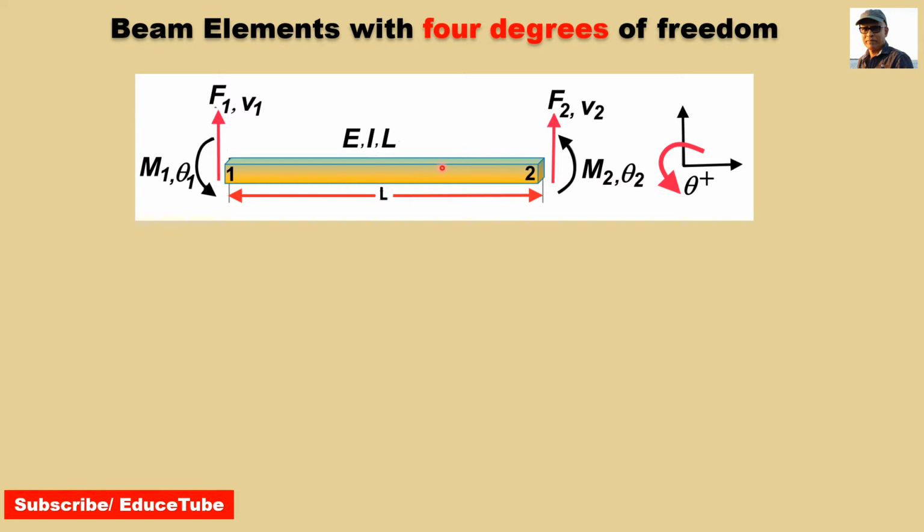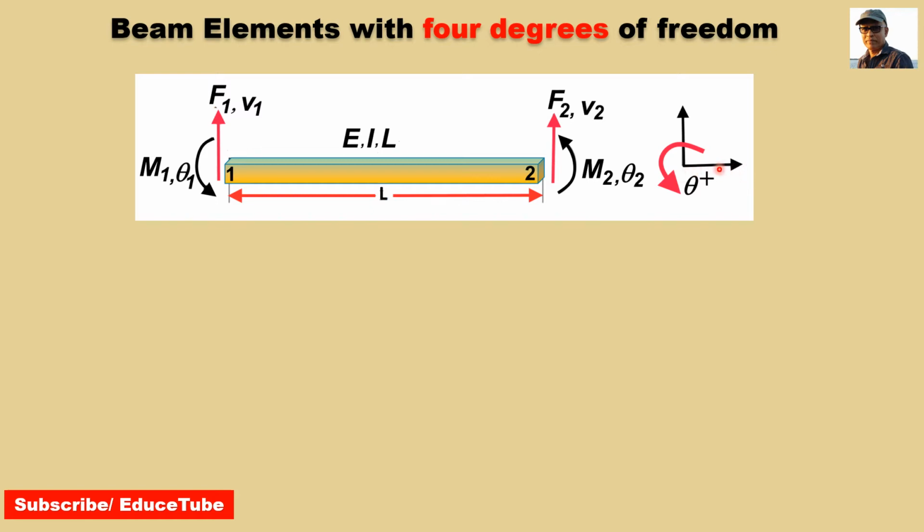So in this figure, we can see a beam, a uniform beam of flexural rigidity EI, and length L. And the x-axis, here I forgot to write x, but this is the x-axis.